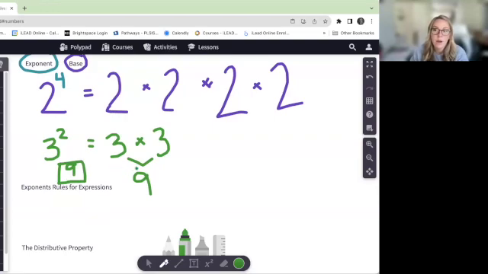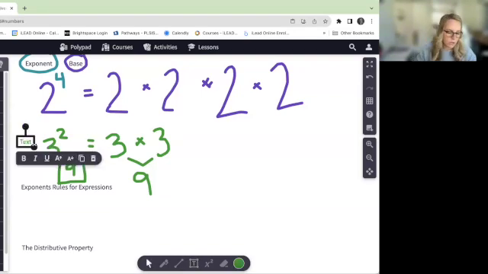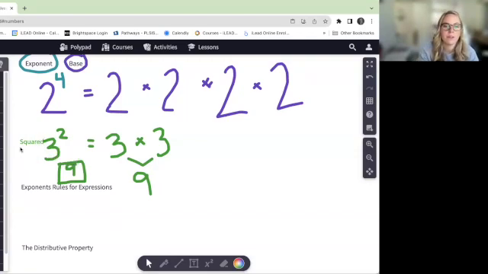Okay, some other terminology you might hear will make a little bit more sense on why we say it this way when we get to geometry. If you have a 2 in the exponent, it is also called squared.